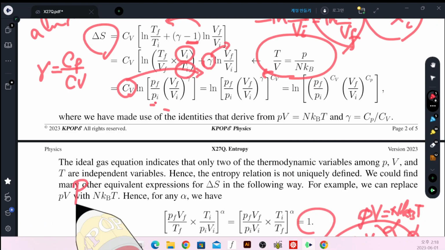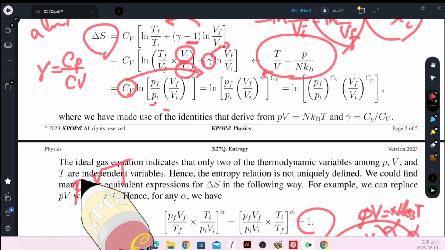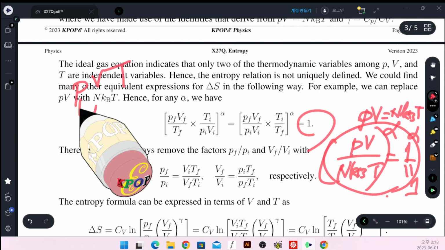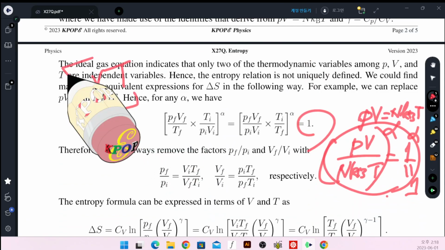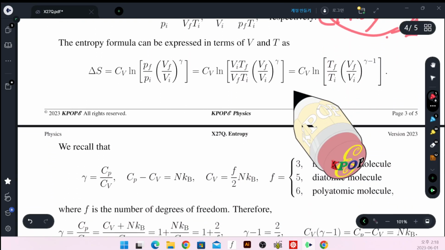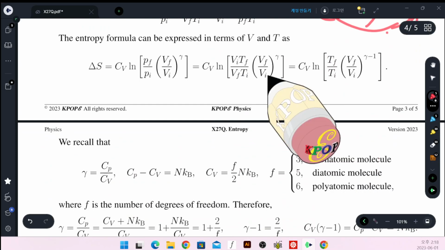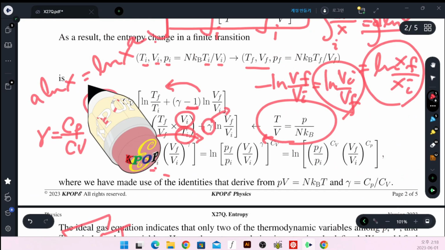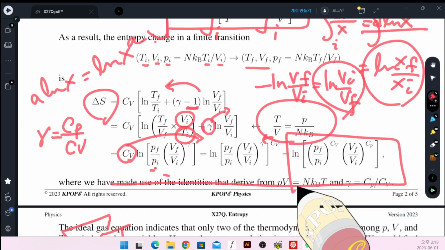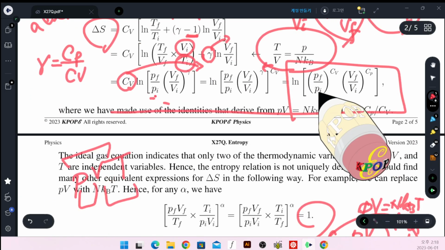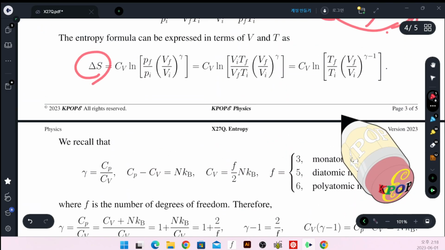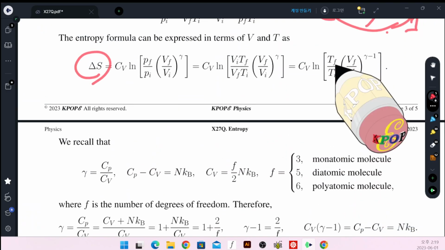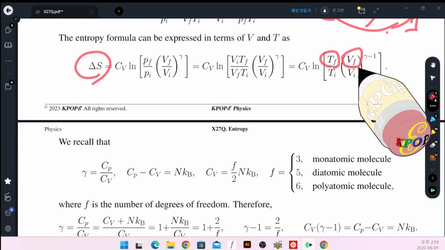For example, among P, V, T, we can express something in terms of PV, in terms of VT, and in terms of PT. So the following expression for delta S is not different from the previous result that is expressed in terms of pressure and volume. In here, we have expressed in terms of temperature and volume.